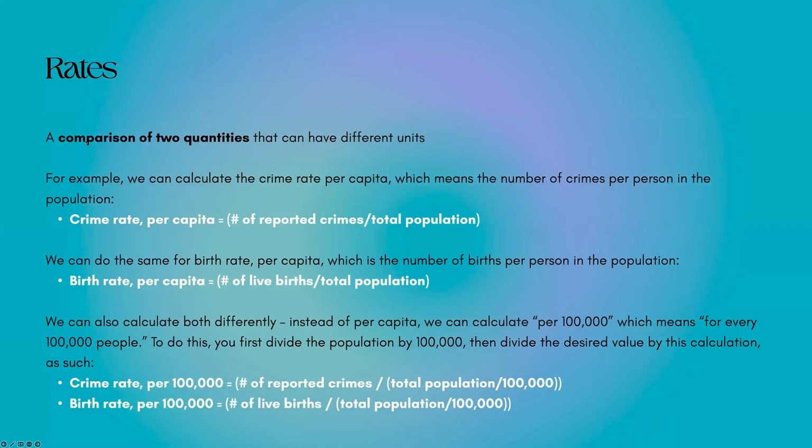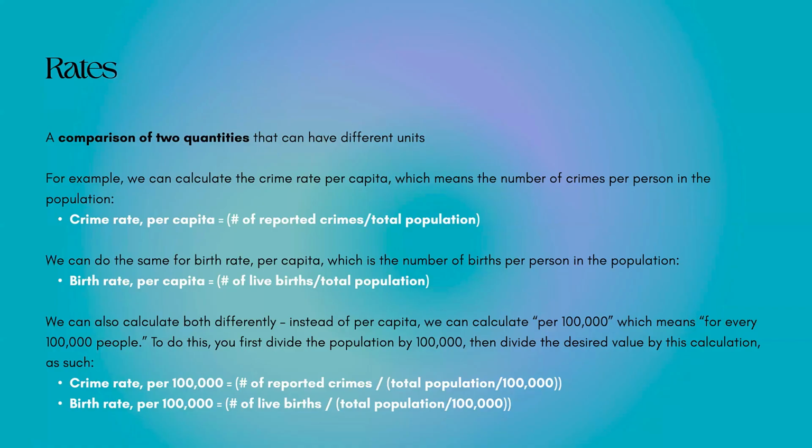Rates are similar to ratios. So rates and ratios are very similar. However, with rates, you're comparing two quantities that have different kinds of units. With ratios, we were comparing people, right? Students to faculty, Protestants to Catholics. Those are people compared to people. With rates, it's one measure compared to something else that is in a different measure, right?